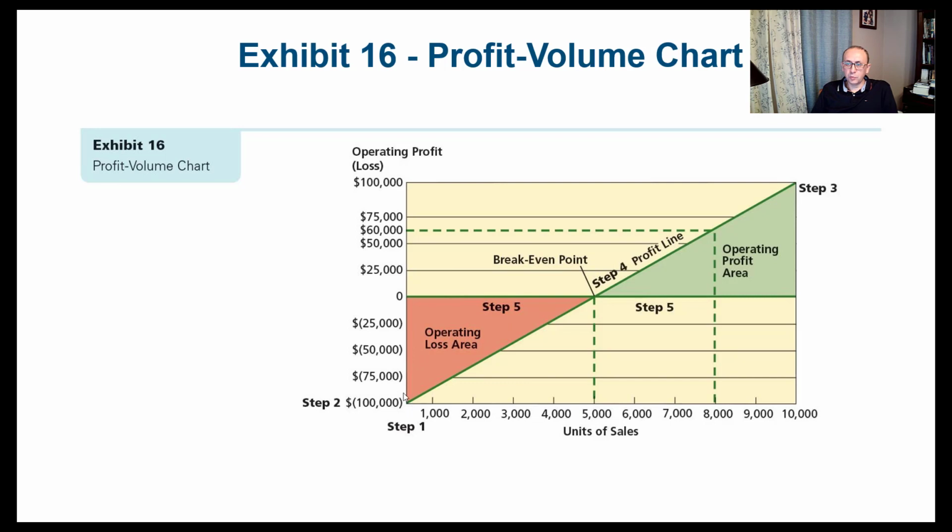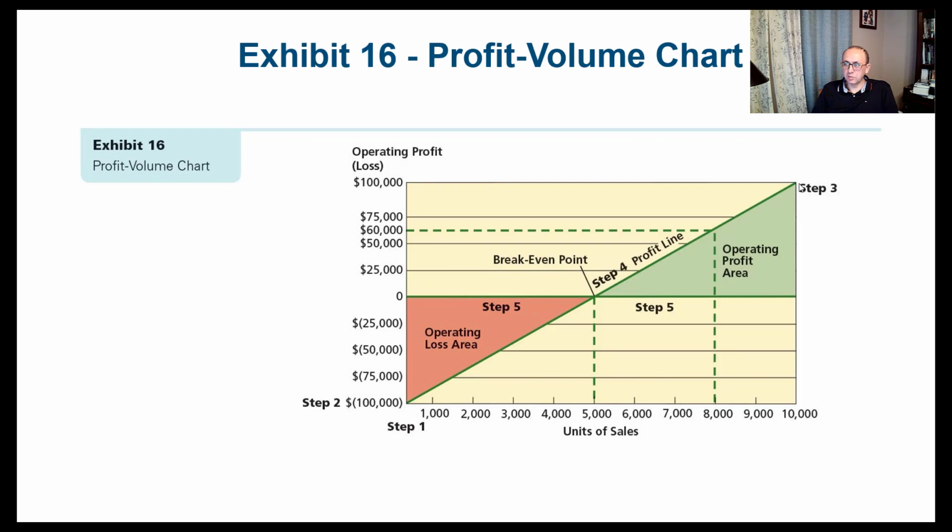And then we start with our fixed cost, and that would be at units of sales of 0. It would be a negative $100,000. That's our fixed cost. So it would make our operating profit minus $100,000 if we make 0 sales. And then in step 3, we calculate at 10,000 units of sales, and we already found that the operating profit would be 100,000.